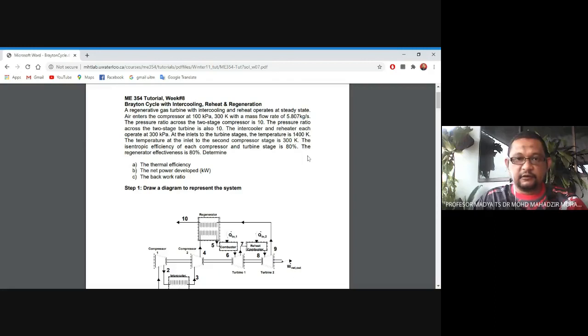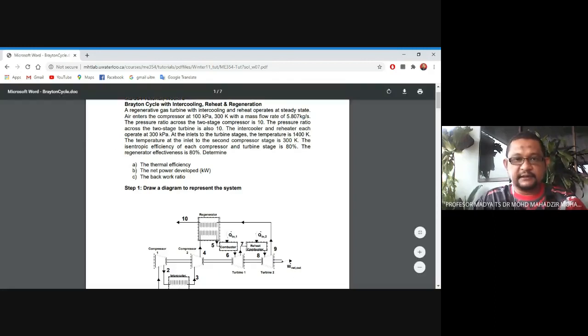First of all, you have to know the first sentence. It shows that this is a regenerative gas turbine problem. This is not the simple or ideal gas turbine, but a Brayton cycle with the modifications of intercooling and reheat.